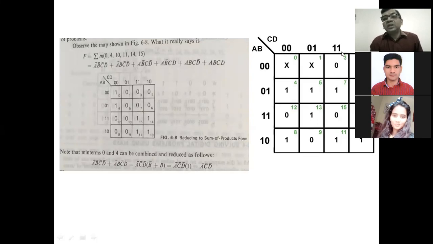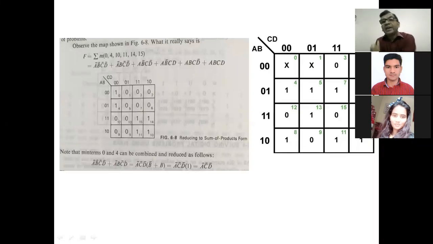This is not 2, 3. Instead of 0, 1, 2, 3, this is represented as 0, 1, 3, 2. Similarly, 4, 5, 7, 6, 12, 13, 15, 14, 8, 9, 11, 10.